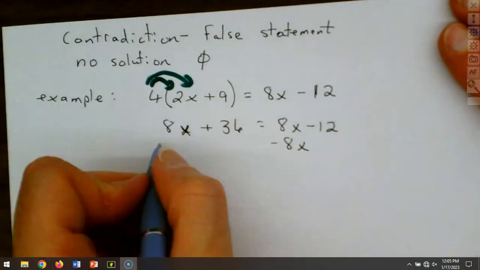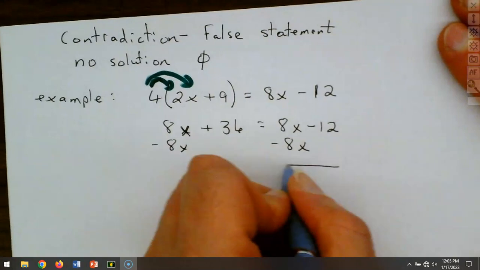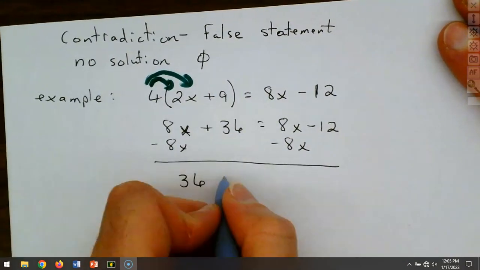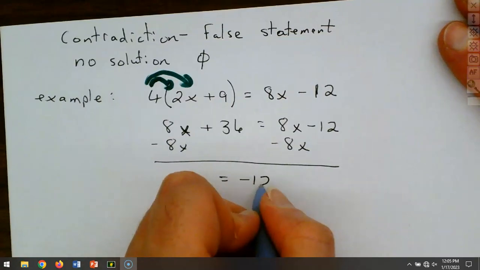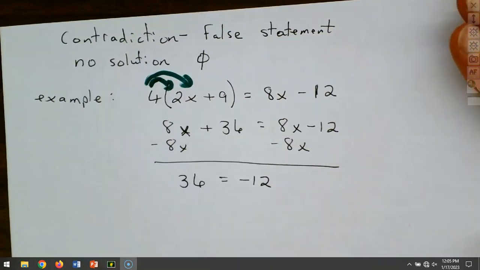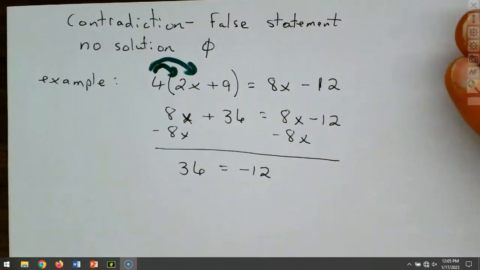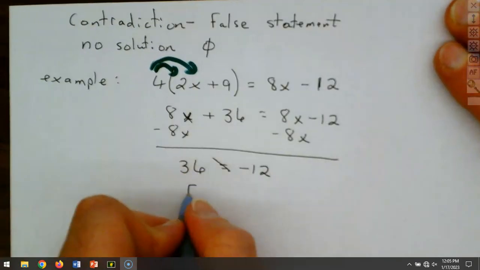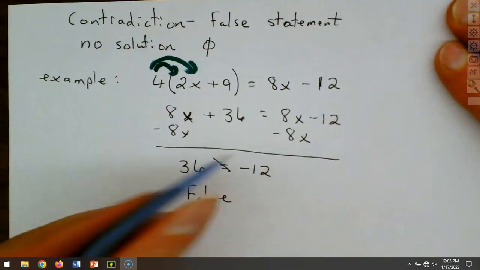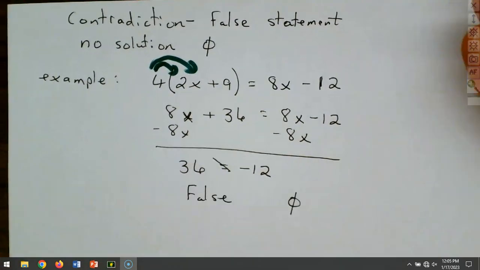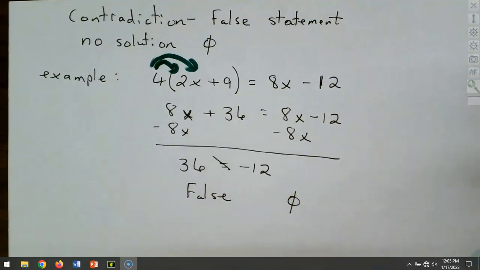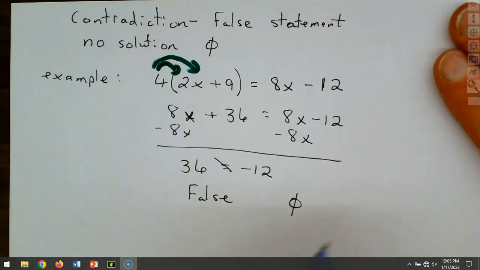So when I move that 8x over, I'm now left with 36 equaling a negative 12. And does 36 ever equal a negative 12? No. So this is false, so it has no solution. And it's a contradiction. So it's false, no solution, and we call this a contradiction.